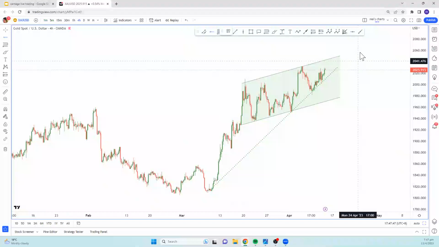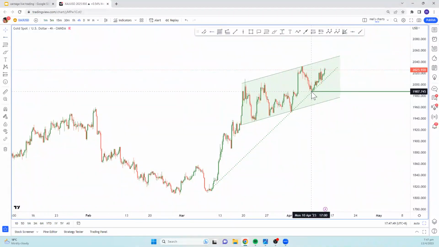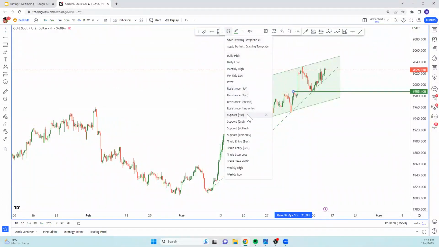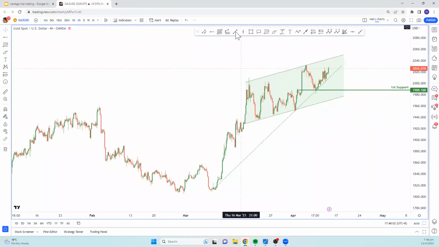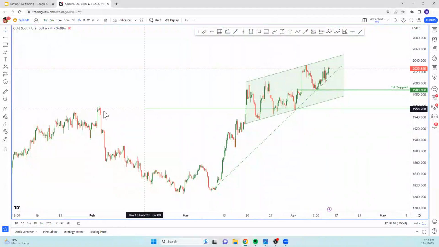So let's go ahead and start plotting our support and resistance levels. Here I have my first support. Here I have my first resistance. First support. Second support.